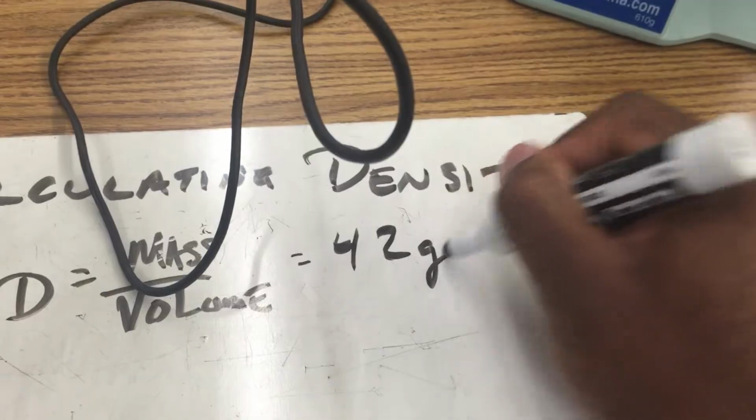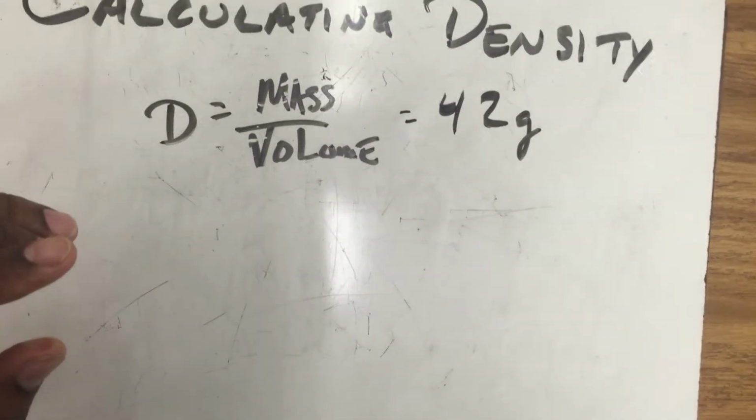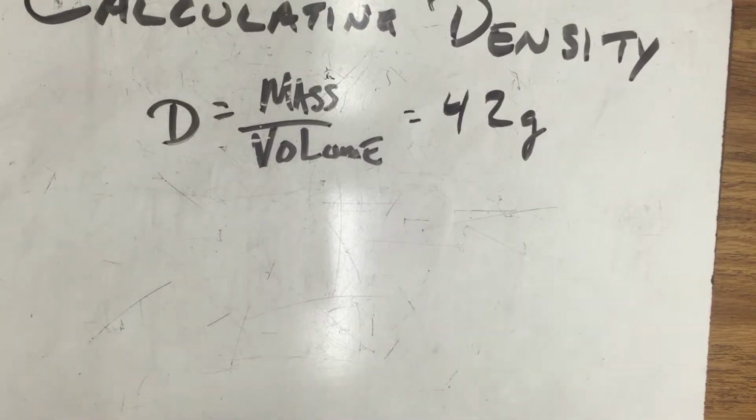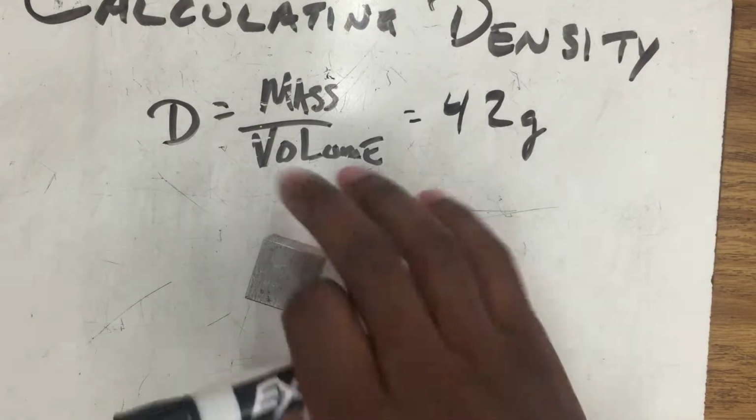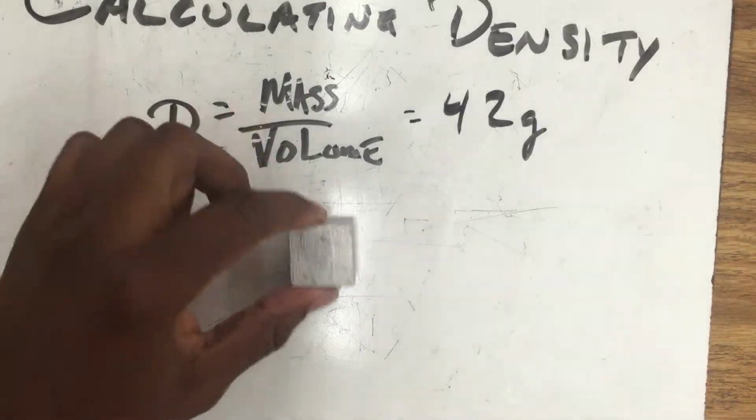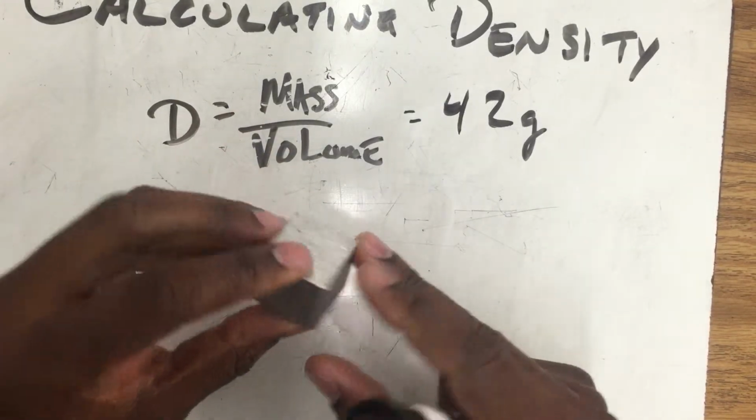42 grams. Now we get the volume of this block. It's actually a regular object, a rectangular object.